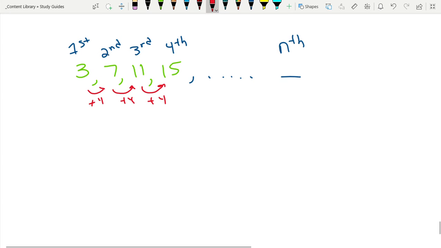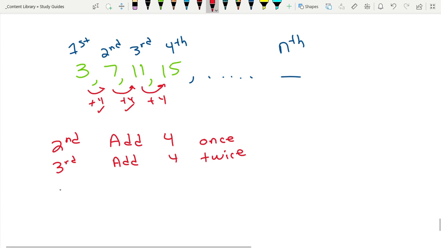So here's a way to think about it. To get to the second number, you add 4 once. To get to the third number, if you start at the beginning, you're adding it 1, 2 times. So we're adding it twice. To get to the fourth number, you would have to add 4 3 times, because you go 1, 2, 3.